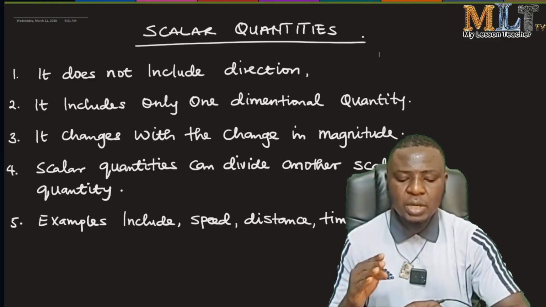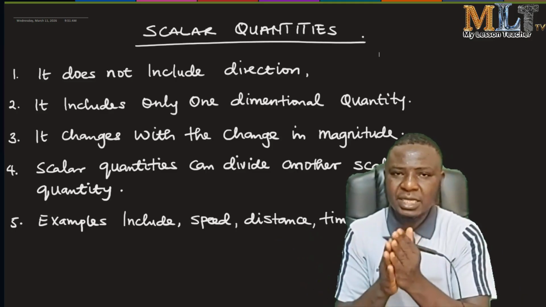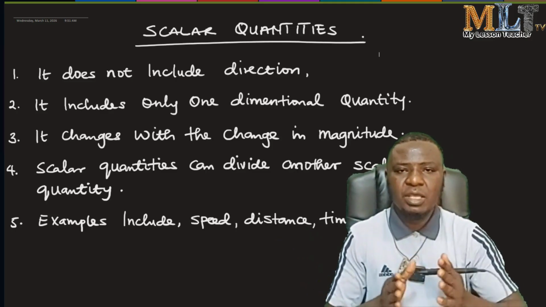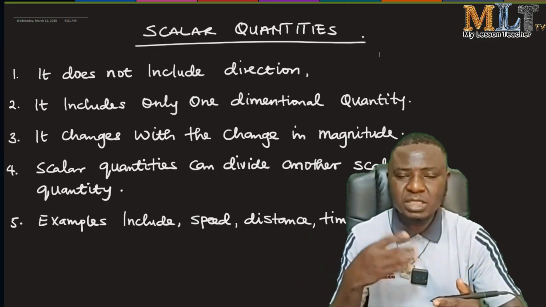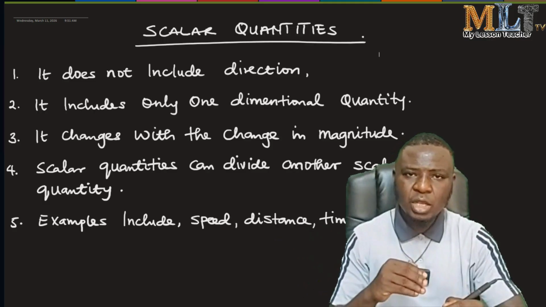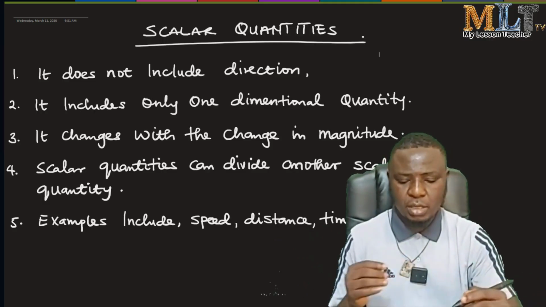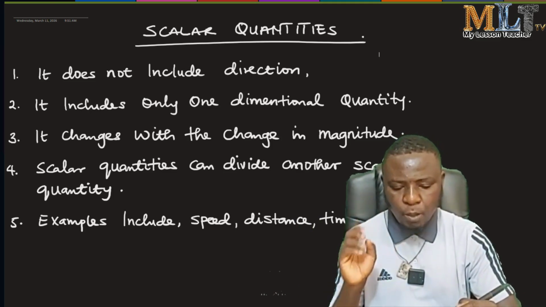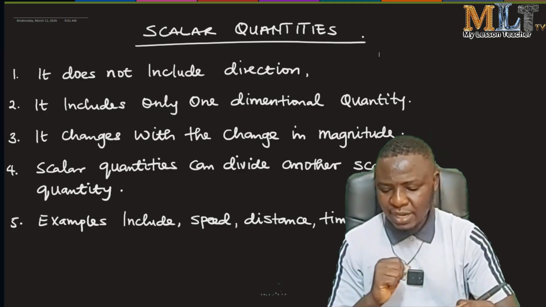Two, it includes only one-dimensional quantity. If it is kilogram, it is kilogram. If it is centimeters cube or centimeter square, it is centimeter square. You will not see something like kilogram per meter square. Okay, so it has only one dimensional quantity. That is what we meant by that.